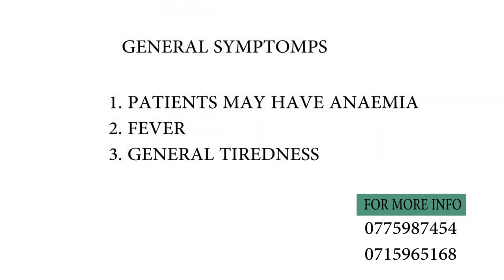It can affect other organs like the heart, the skin, the lungs, and usually you have general symptoms whereby you find the patients have anemia, general body malaise, sometimes fever, and a general feeling of tiredness.